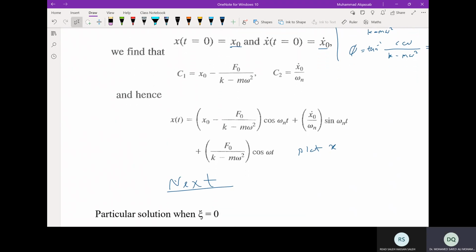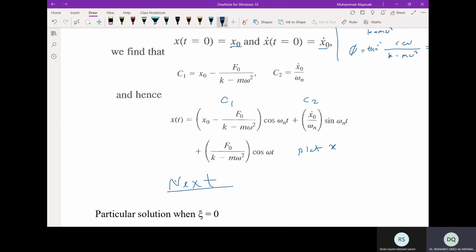So we find x equals x0 minus f naught over k minus m omega square, cosine omega n t, plus x0 dot over omega n sine omega n t, where this is C1 and this is C2, plus f naught over k minus m omega square cosine omega t.